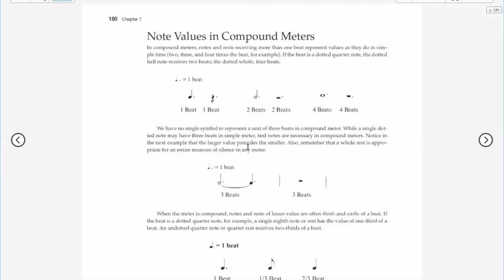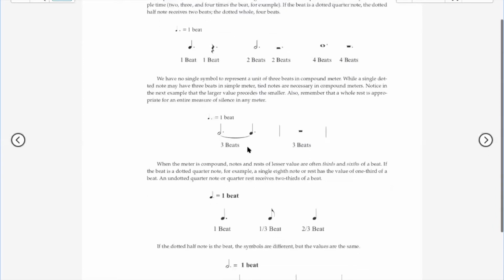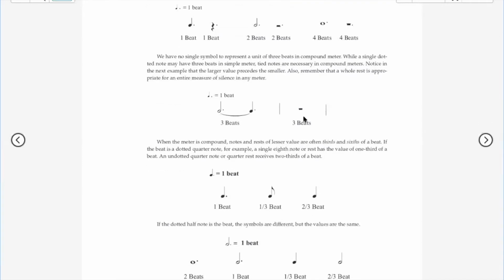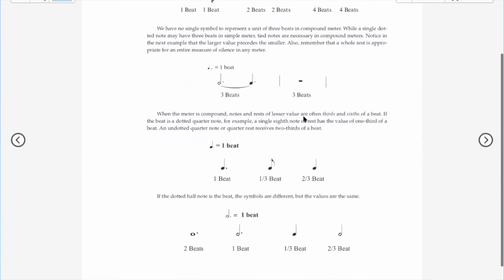In compound beats, we really don't have something to represent 3 beats, so we have to use a tie. This is 2 compound beats plus 1 compound beat, which is 3. Or if that was the entire measure, we can always use a whole rest anytime to represent a full measure of rest.